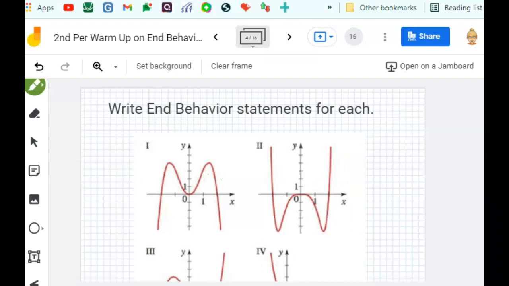Write end behavior statements for each. How about if I assign this to somebody? Ben, which one do you want? 1, 2, 3, or 4? Okay, you try 2. Raina, you want 1? Which one?